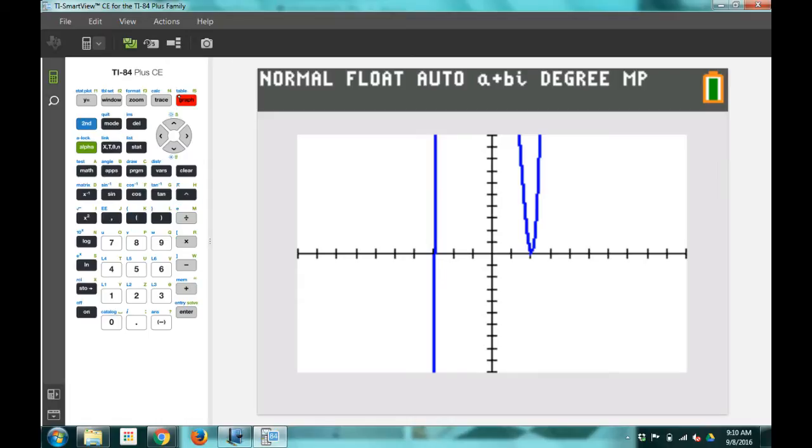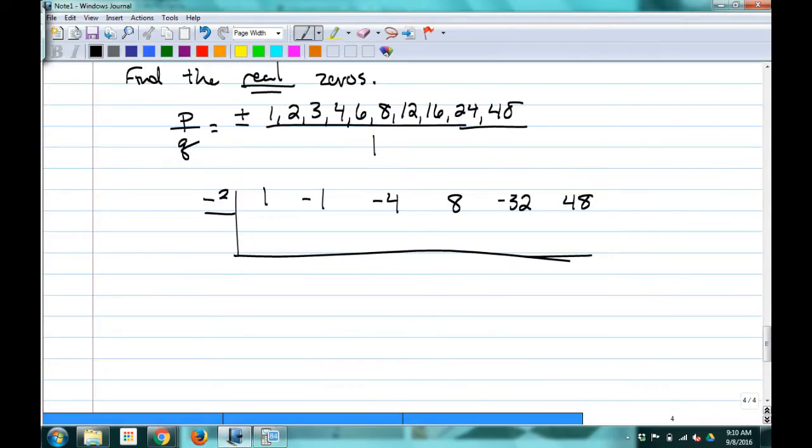Okay. So you got a -3. Let's just start with that one because it's the one that goes through the x-axis. So we'll start with that in our synthetic division with a -3 on the shelf. 1, -3, 12, -24, -16, 48, 16, -48.